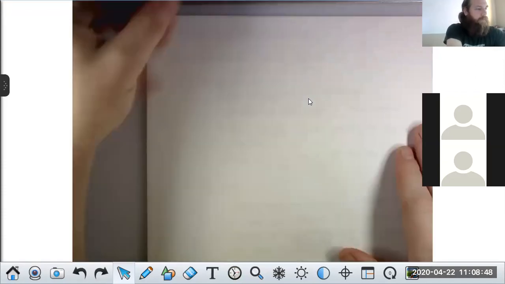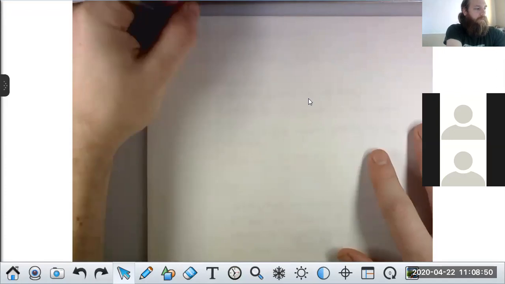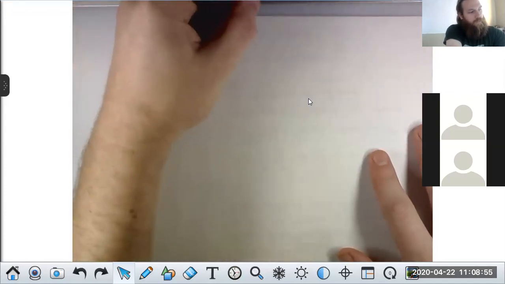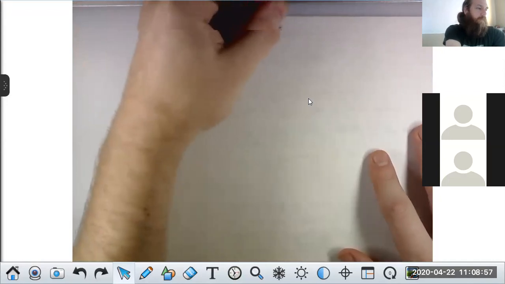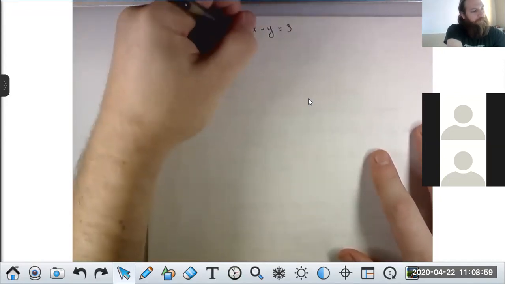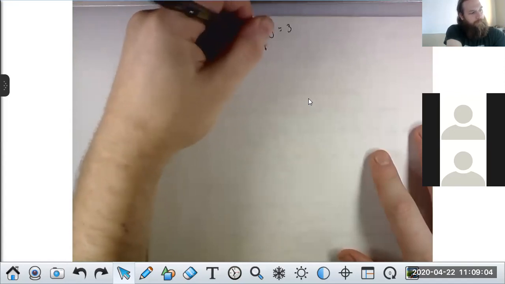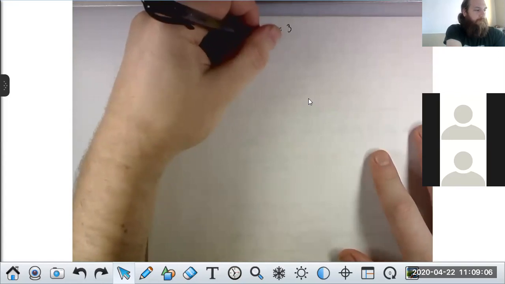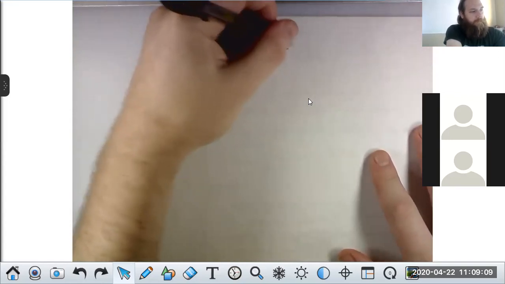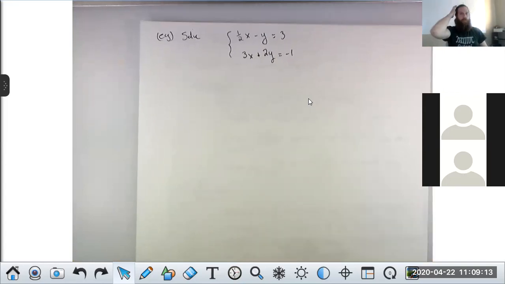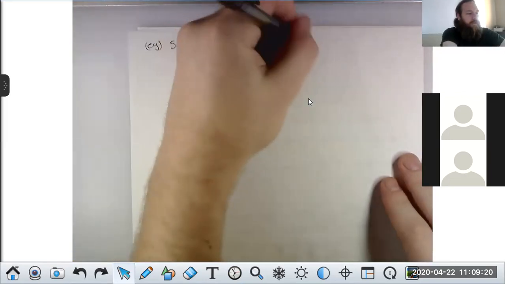Let's solve this system: 1/2 x minus y equals 3, and 3x plus 2y equals negative 1, by elimination.